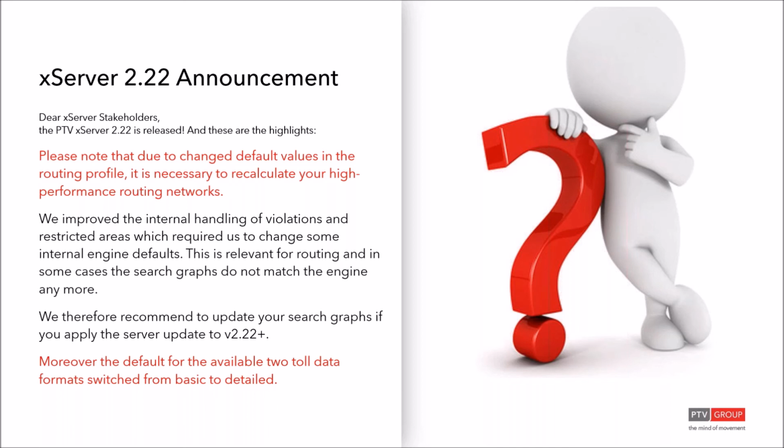right now. If you want to migrate to version 2.22, we strictly recommend to take care of this paragraph, which says that you are recommended to update your high performance routing networks, because we have changed some of the internal default parameters in the routing profiles. The first argument for updating the profiles, of course, is to be aligned with the data situation.